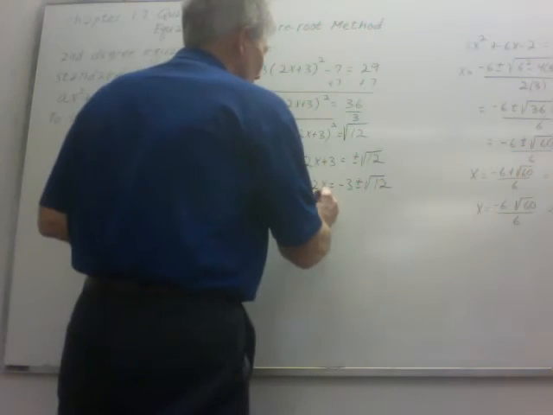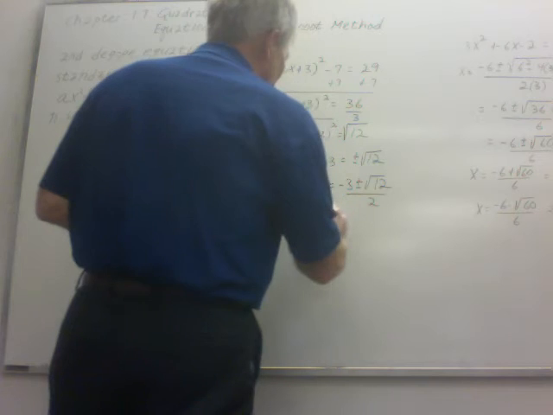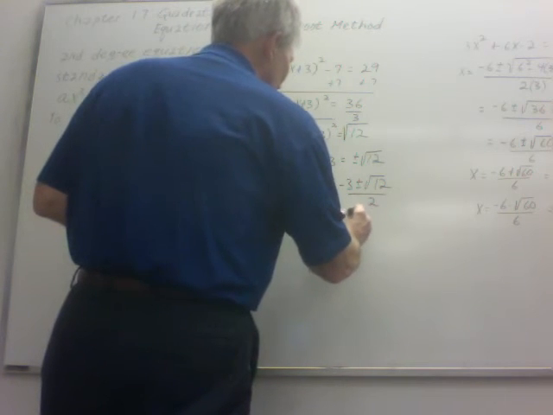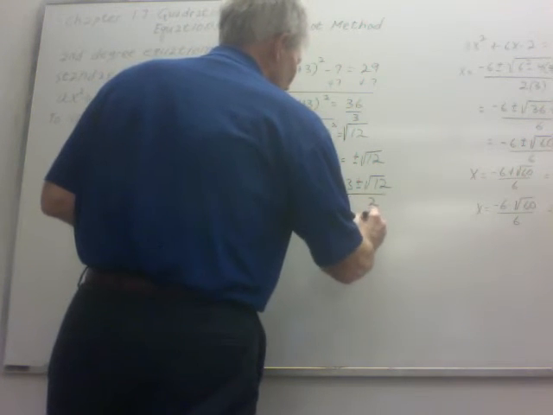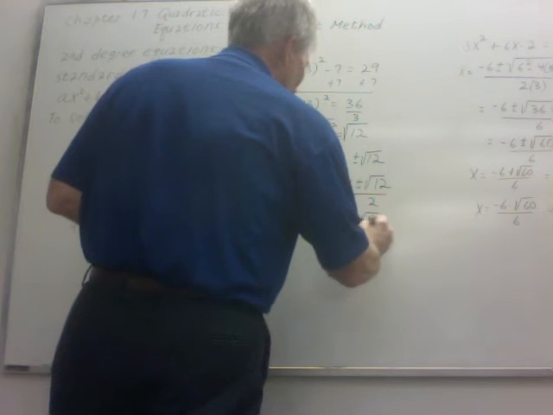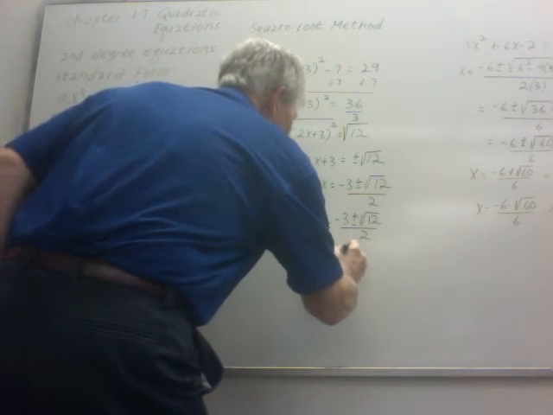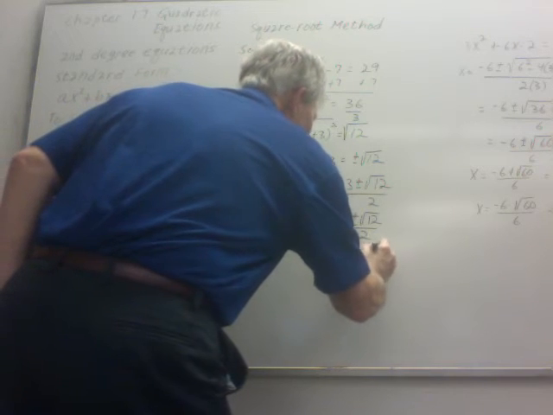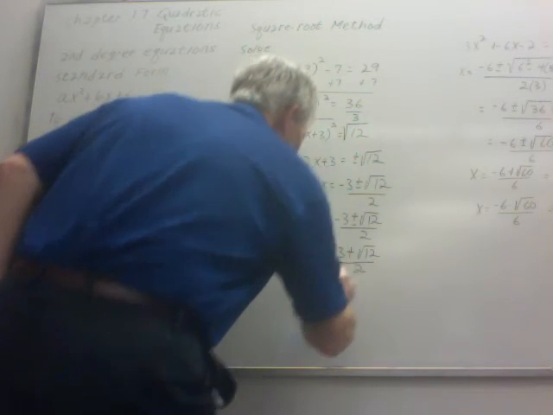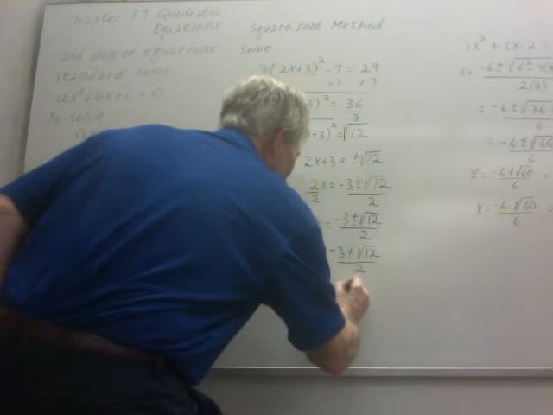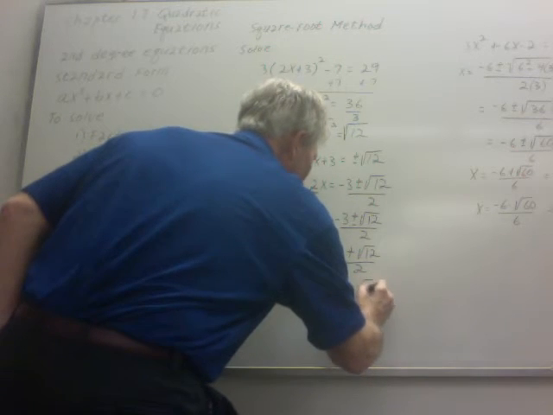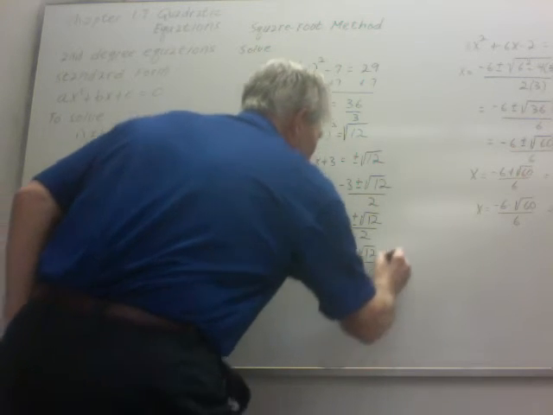I'm going to divide by 2. And I get x equals negative 3 plus or minus the square root of 12 all over 2. So that means I've got x equals negative 3 plus the square root of 12 over 2, and x equals negative 3 minus the square root of 12 all over 2.